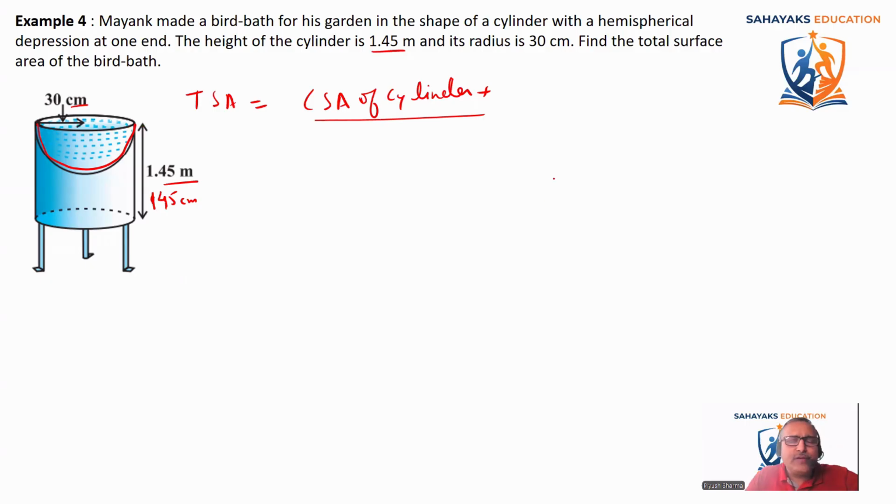The depression is in the shape of a hemisphere, so we'll take it as the curved surface area of the cylinder plus the curved surface area of the hemisphere.